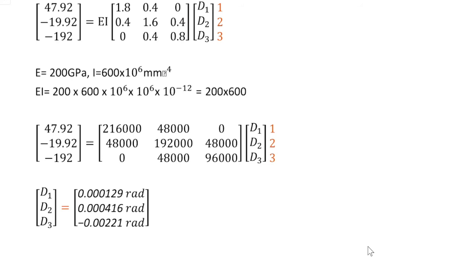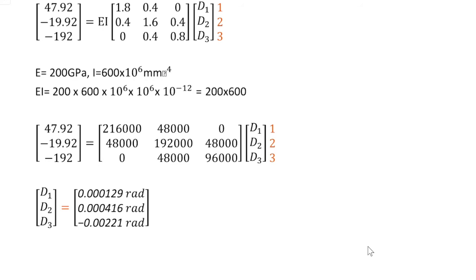Remember that the A1 is actually 216000, not 47.92, equal to D. The format in the calculator, you must know, is equal to D. So the first value that you need to key into the calculator is 216000, then 48000, then 0, then 47.92, until the end, negative 192. And then you will get the answer given by the calculator.